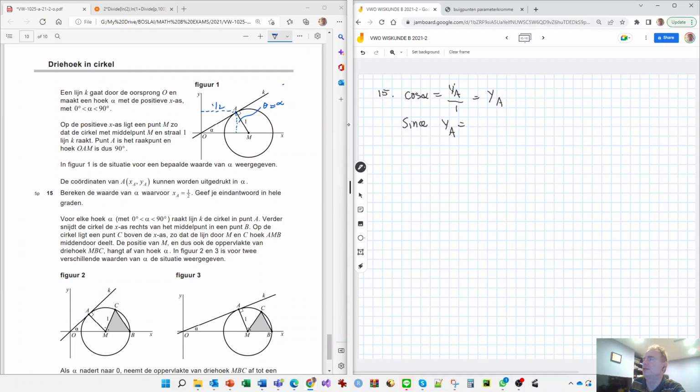That's the definition of the slope. So that means that ya is just the tangent of alpha times xa, which is 1/2 tangent alpha.